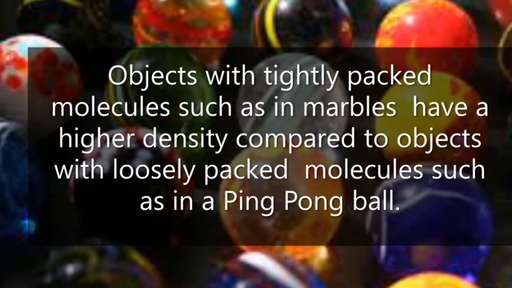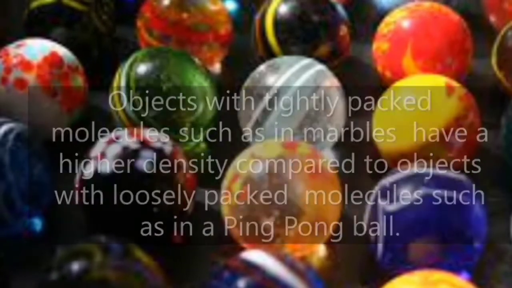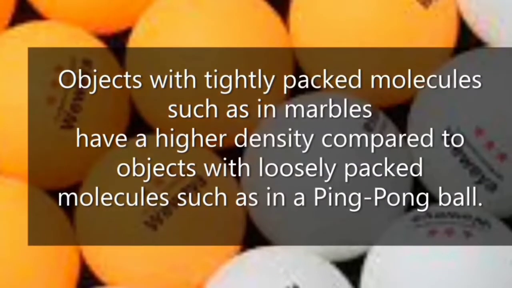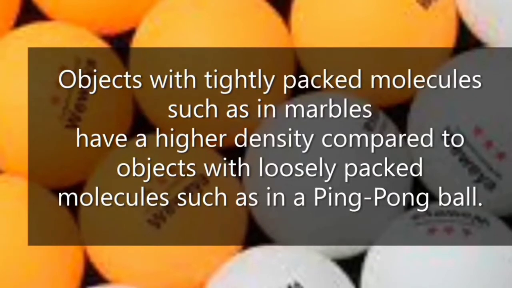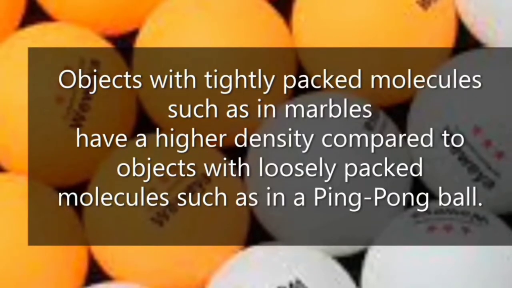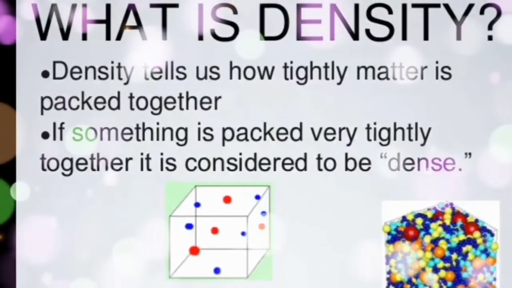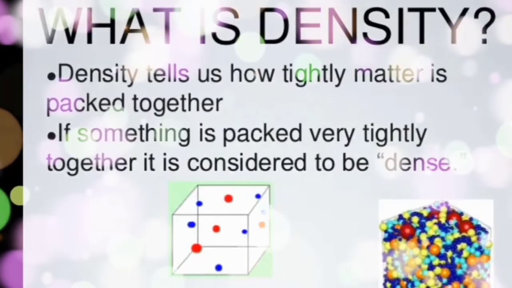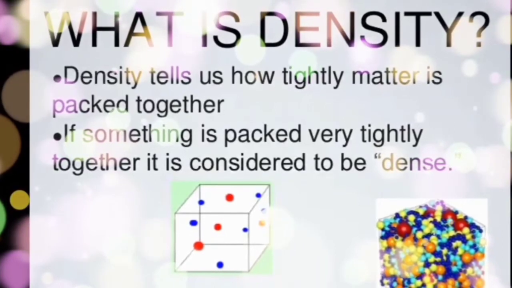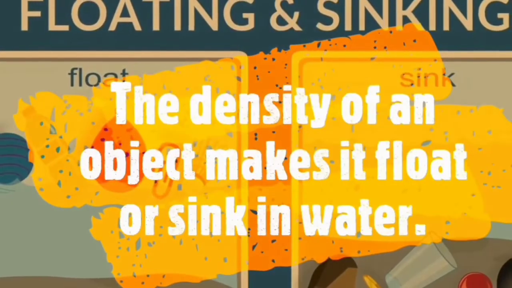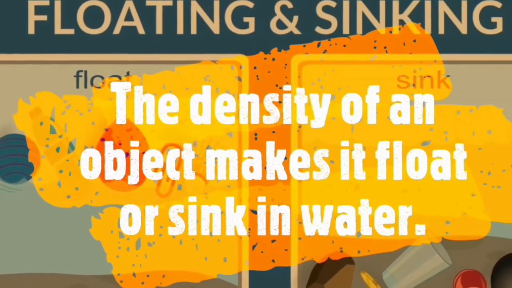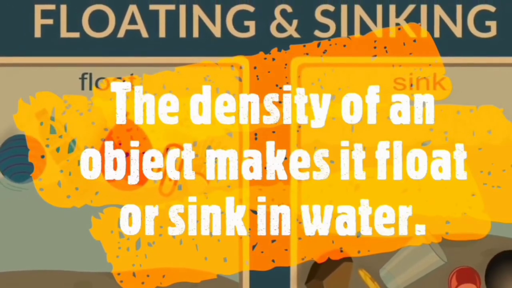Objects with tightly packed molecules, such as in marbles, have a higher density compared to objects with loosely packed molecules, such as in a ping pong ball. Now, what is density? Density tells us how tightly matter is packed together. The density of an object makes it float or sink in water.